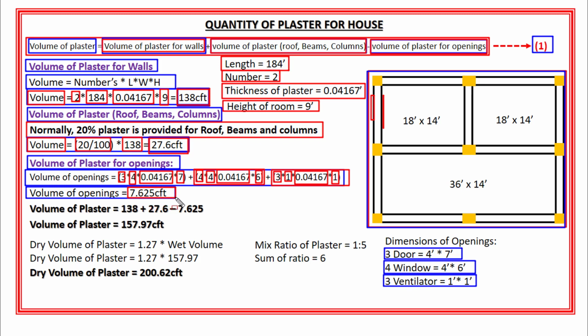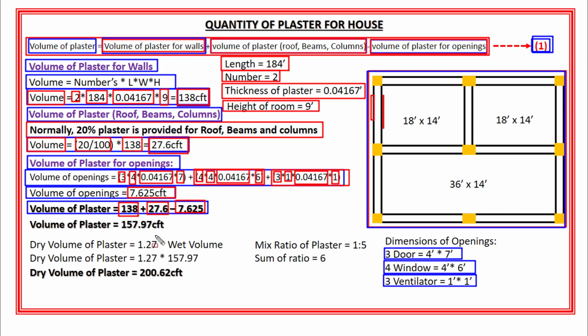Right? So now I will use equation 1 in order to calculate the total volume of plaster for this particular house. So the volume of plaster for this house is equal to volume of plaster for walls, which is 138 cubic feet, plus volume of plaster for roofs, beams and columns, which is 27.6 cubic feet, minus volume of plaster for openings, which is 7.625 cubic feet.